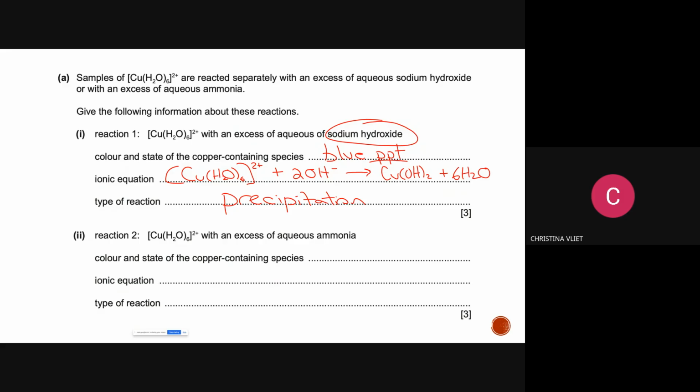Reaction 2, ammonia. What's the color and state of what you make from that? No, it's ammonia. If it was chlorine, it'd be yellow. But it's ammonia, so it's dark blue. What's the state? Dark blue solution.